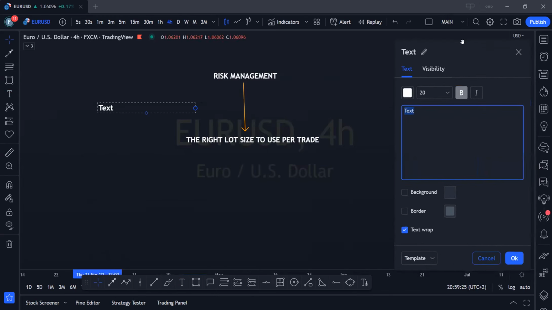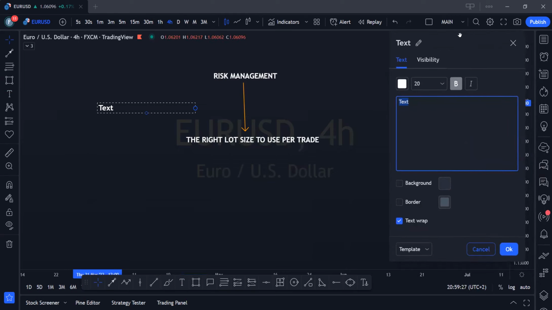A good trader usually considers risk first before reward, right? Before thoughts about profit, you need to first and foremost consider the risk, how much you are willing to lose per trade.